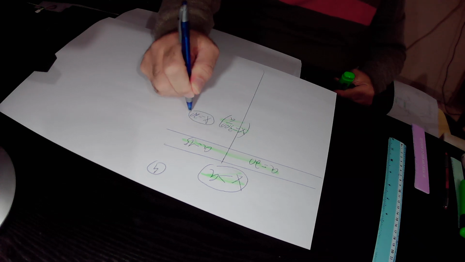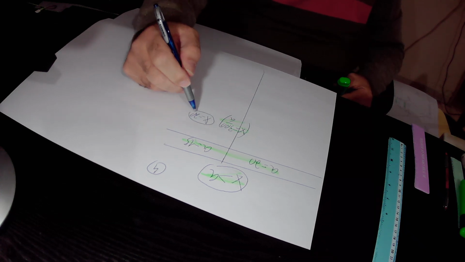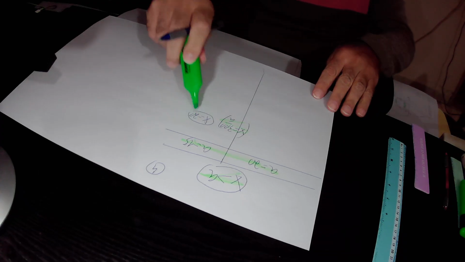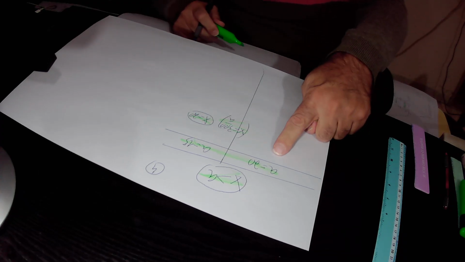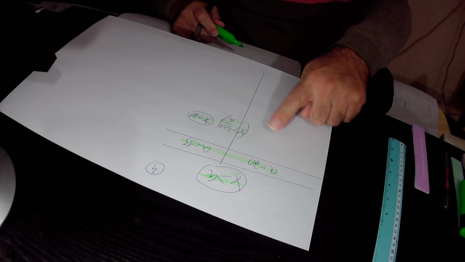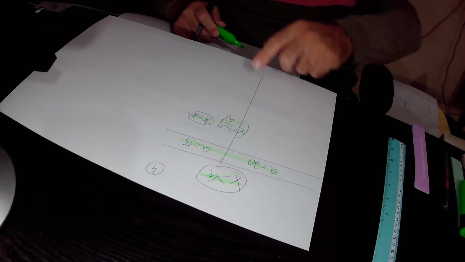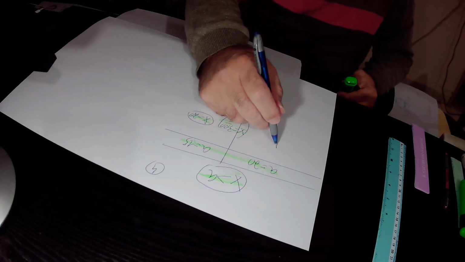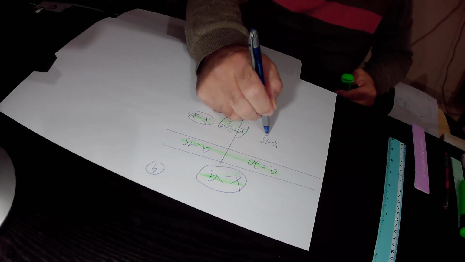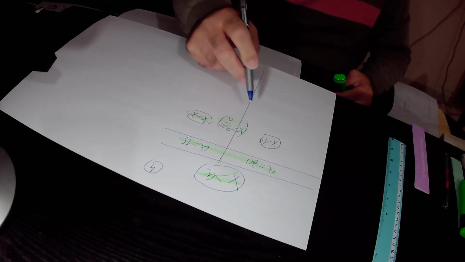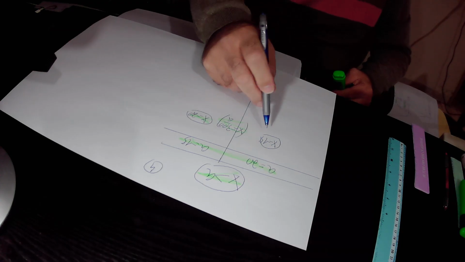Likewise, if A equals 20, then according to this equation, X must be equal to 300 over 20, that is 15.